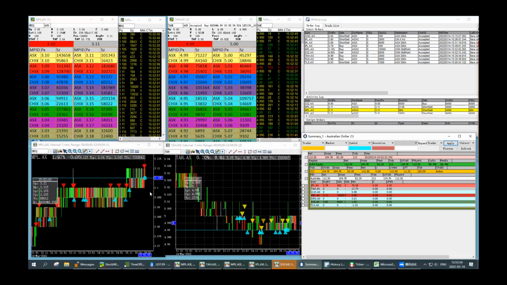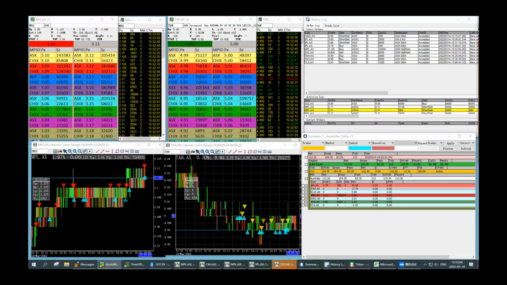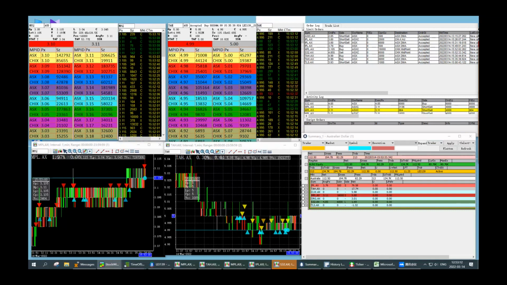And you can see I placed the orders not for 1 cent to flag my position, because there are not many selling orders at the 3.10 price and 4.86 price.